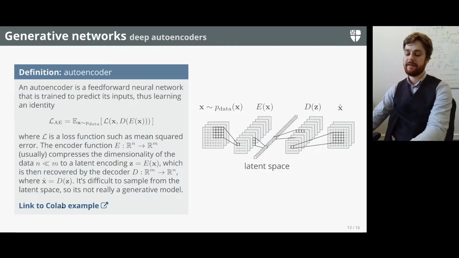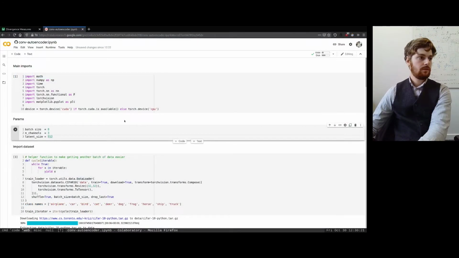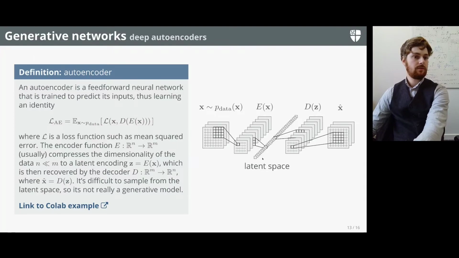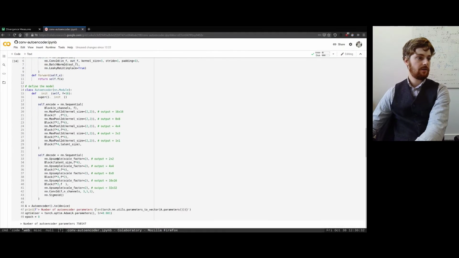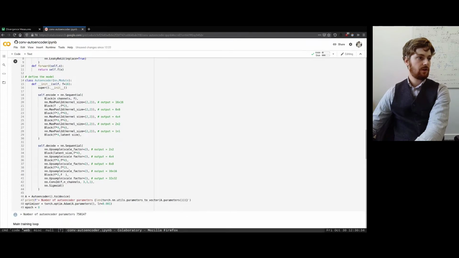So I've got a Colab example for this, which is just showing the code of an autoencoder. The latent space size, or this vector here, is 512 dimensions, and then the encoder goes through the images, which are 3-channel images, and uses max pool functions, which take the maximum within a local 2x2 neighborhood, so you get a single pixel for every 4 pixels.